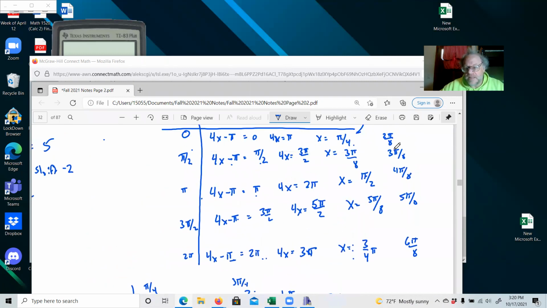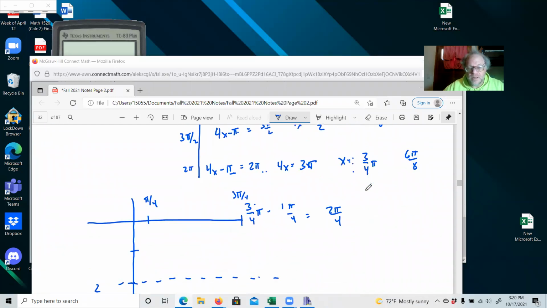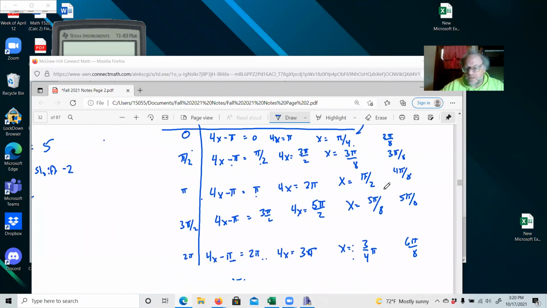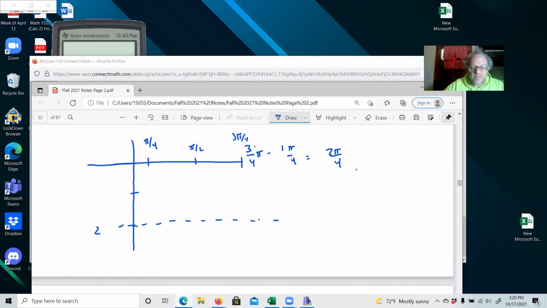That's my beginning and my end. Halfway between is pi over 2. And then we're going to label in 3 pi over 8 and 5 pi over 8.